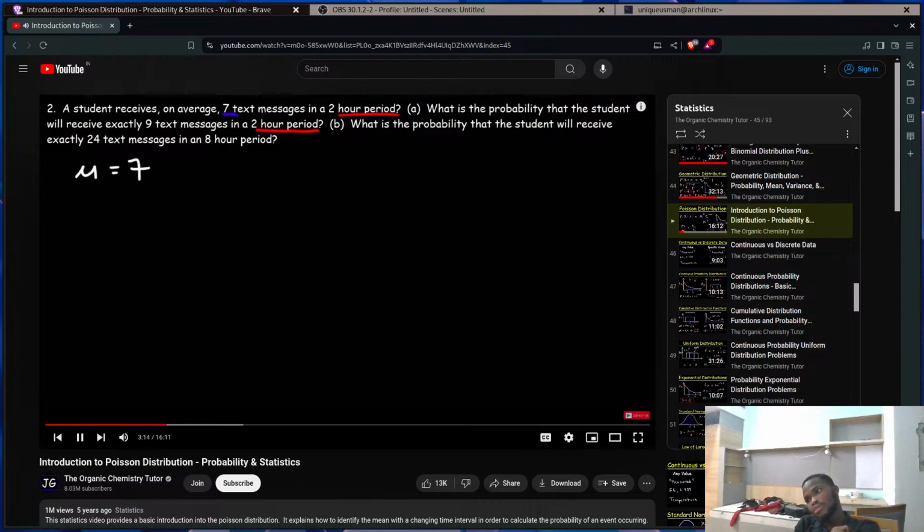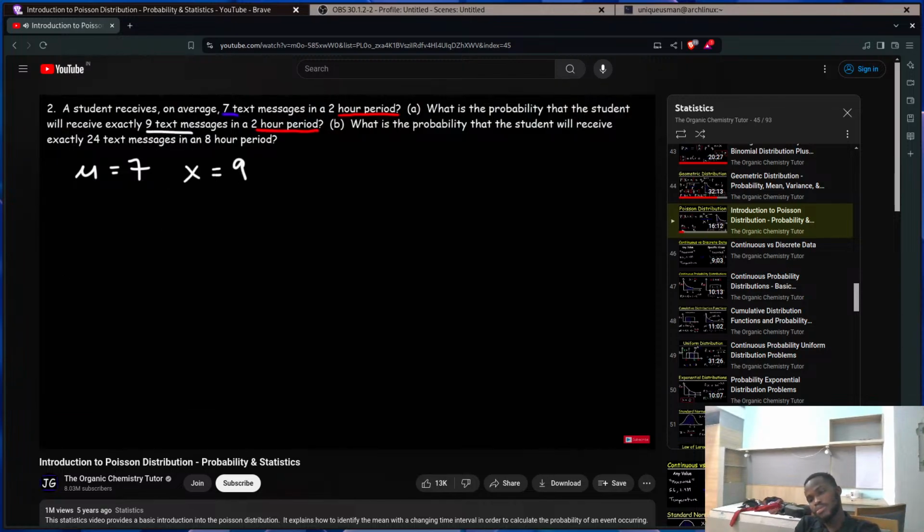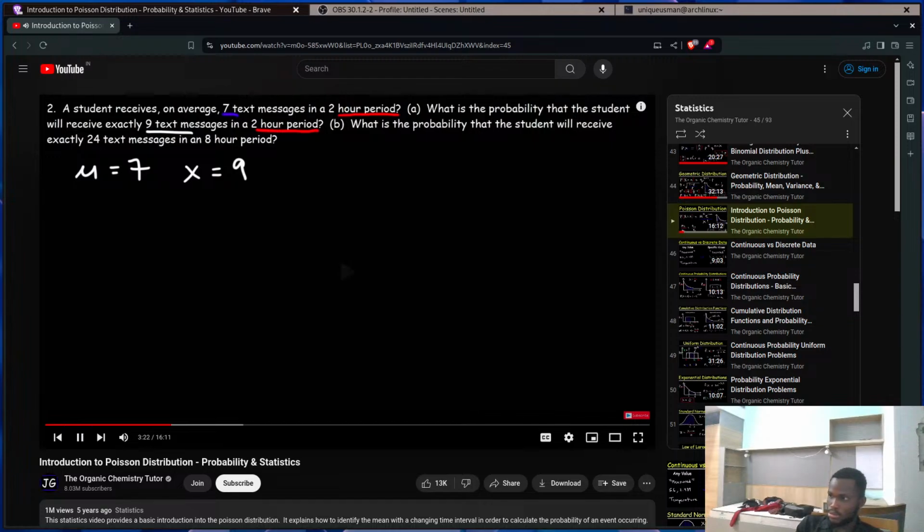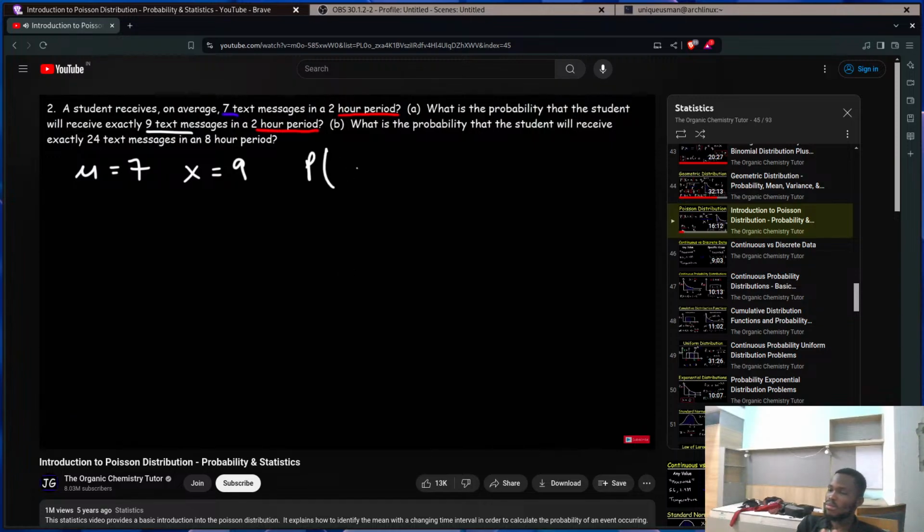The only other thing that we need to find is x. We can clearly see that x is 9, because we're going to calculate the probability that the student will receive exactly 9 text messages in that 2-hour period. So we need to calculate P when x is 9. So let's go ahead and plug everything in.